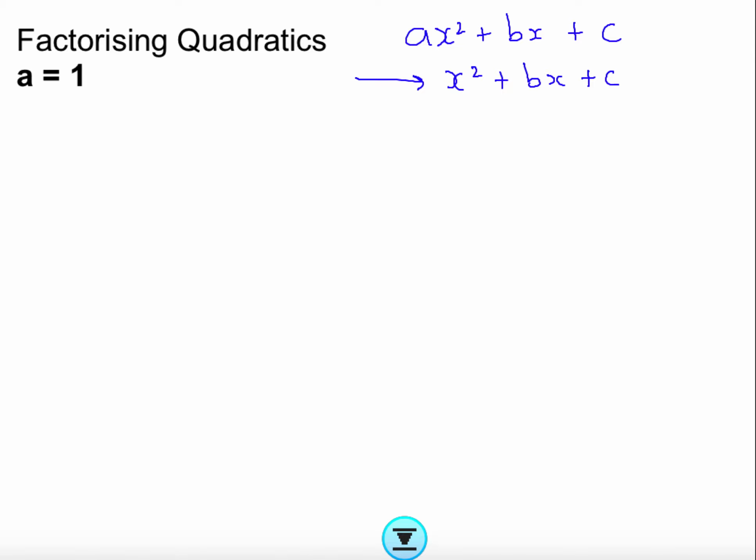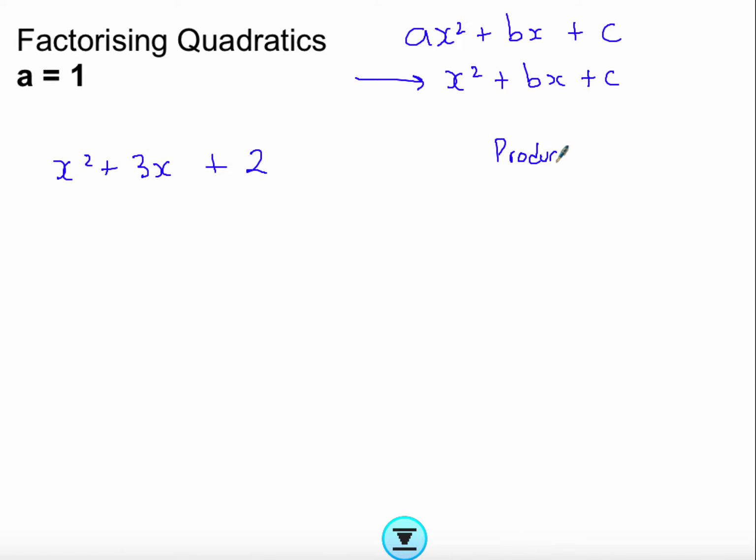Let's try an example. So if I have something such as x squared plus 3x plus 2, the way to factorize it is what we call the sum and product method.